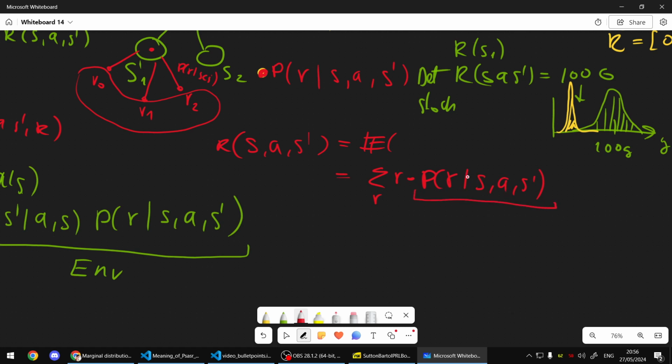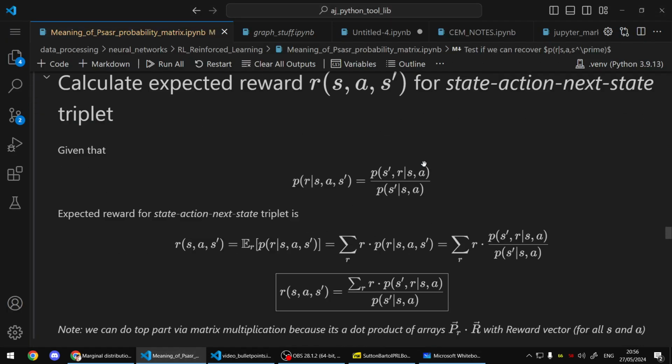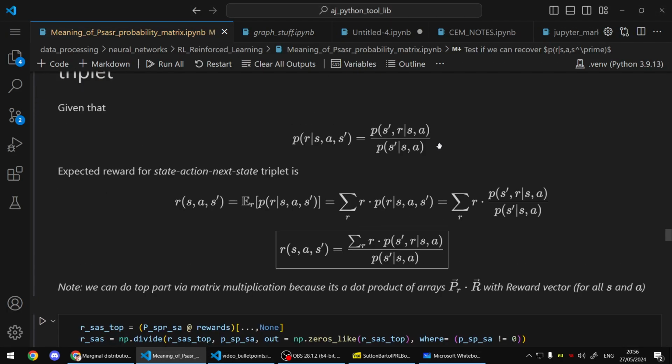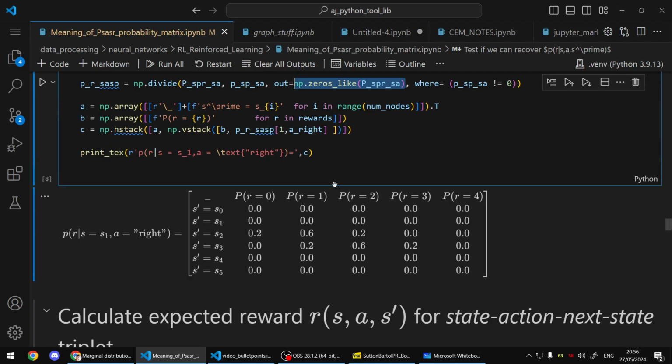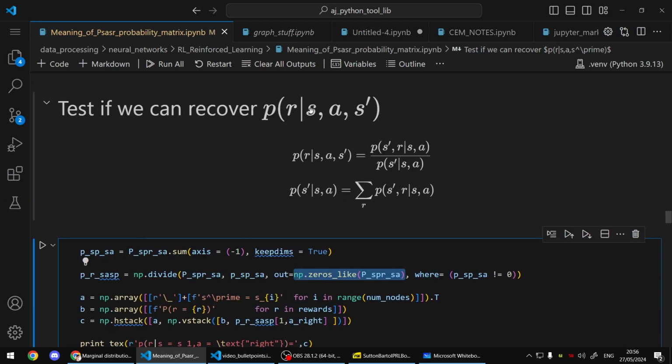We have calculated this matrix in just the last step. That's cool.